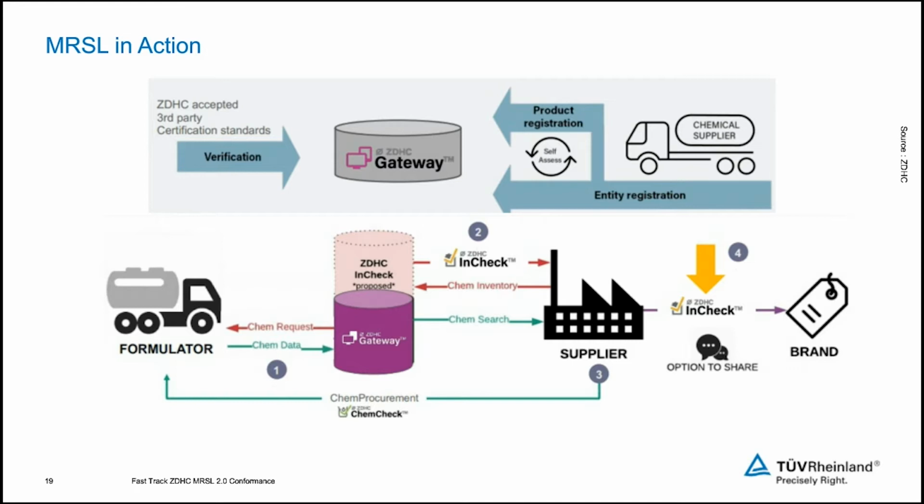Here you can see a good summary of the chemical inventory. This is also quite useful, as the InCheck report can be shared or used for reporting to different kinds of stakeholders like brands.